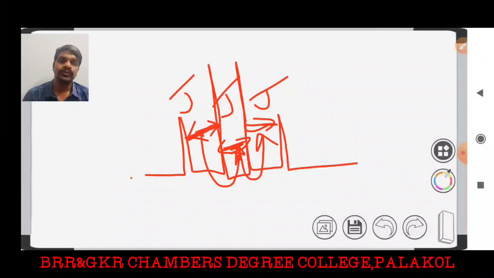I hope you understand all the concepts in this proton NMR spectroscopy. In the first video, we discussed the introduction of spectroscopy. In the second session, we discussed proton NMR introduction and principle.